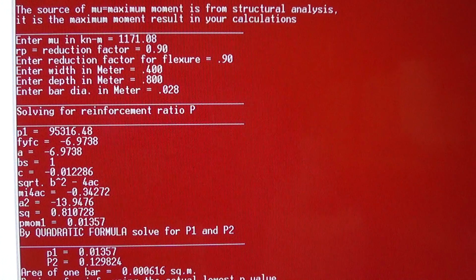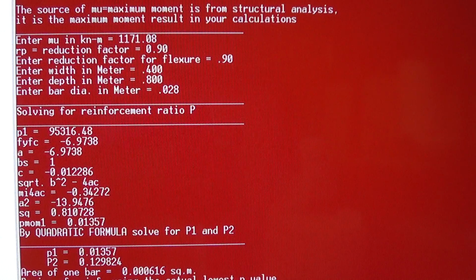So because of this equation, the resulting equation will be a quadratic equation. You've got to know the quadratic equation as well, how to do it. So you can find the p, and after solving for the p, you can use it for the design of reinforcement.